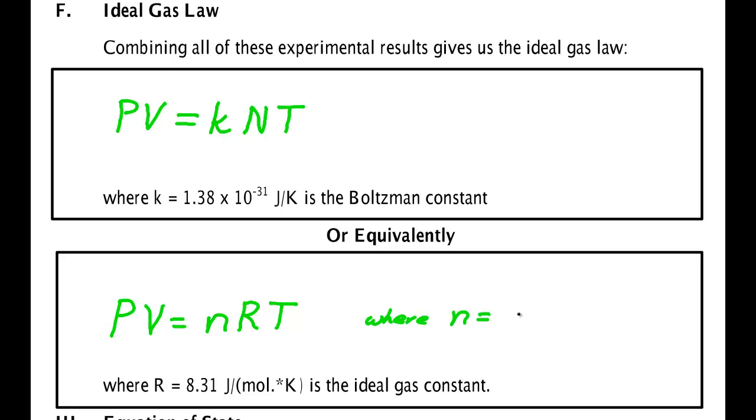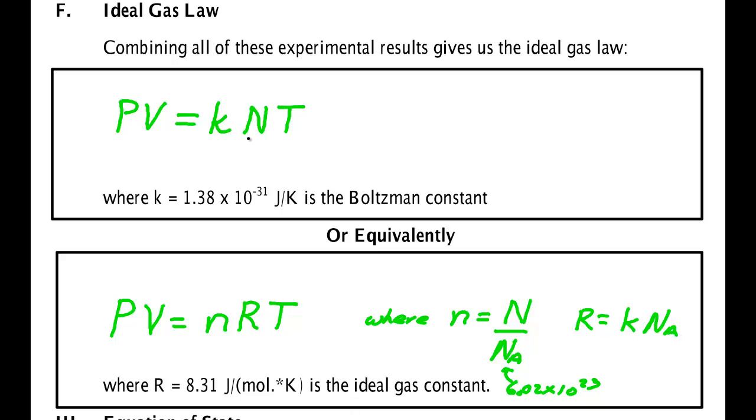n is equal to the number of particles divided by Avogadro's number, 6.02 times 10 to the 23rd, and R is K times Avogadro's number, and it's called the ideal gas constant.